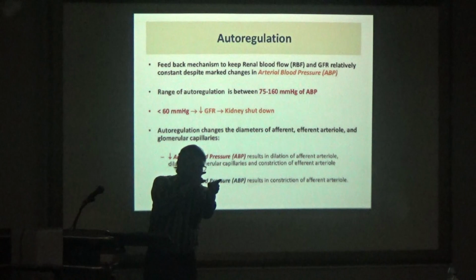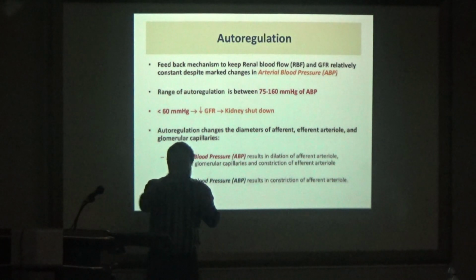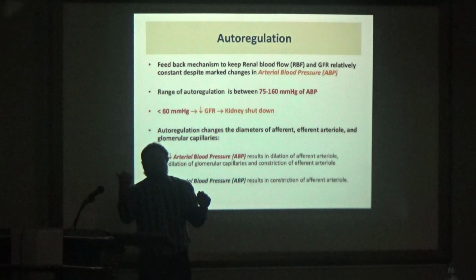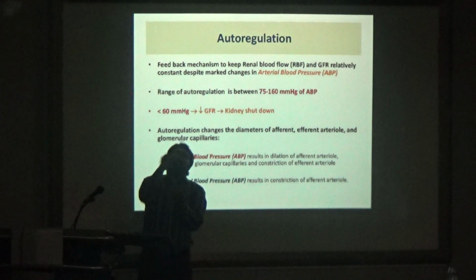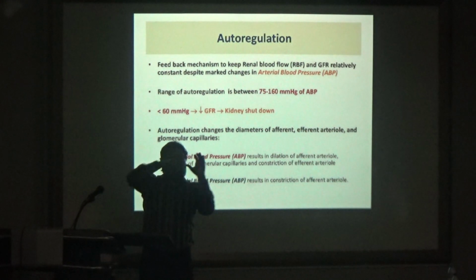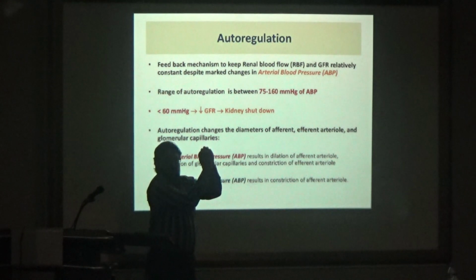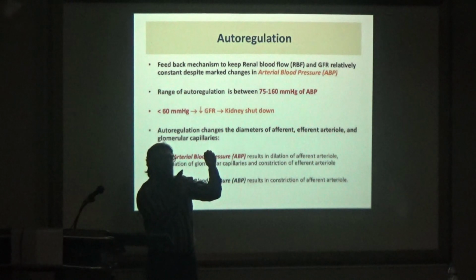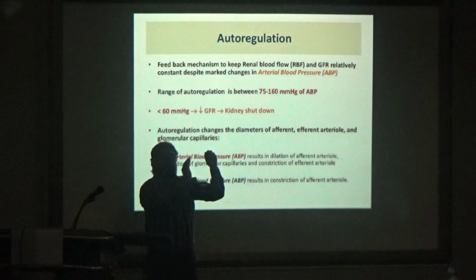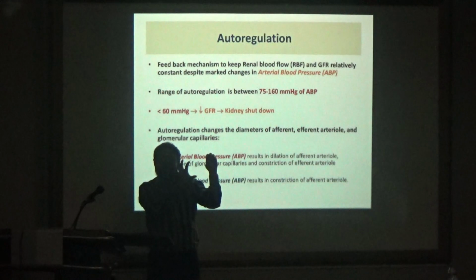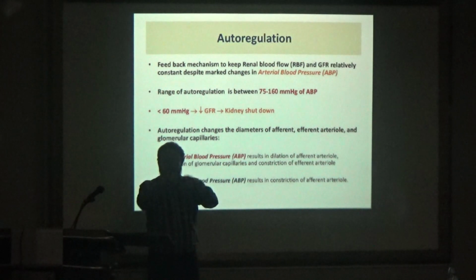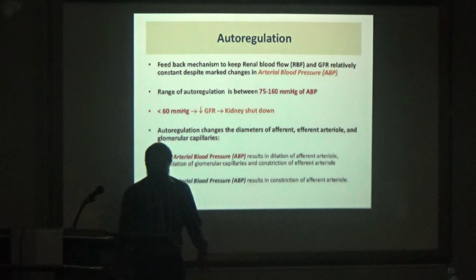The efferent is a little bit constricted, and the afferent you want to dilate because he wants to bring in more blood. He wants the efferent bit constricted so that the blood has to put up more pressure to move out. If it has to put more pressure to move out, there is high pressure in it, so there would be more filtration.